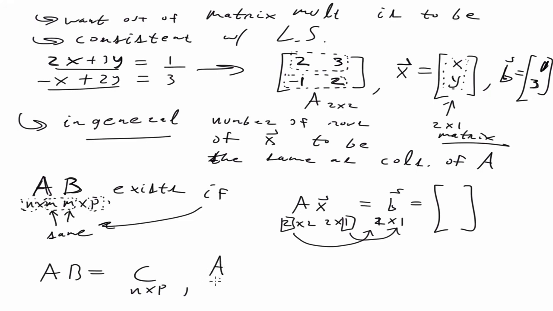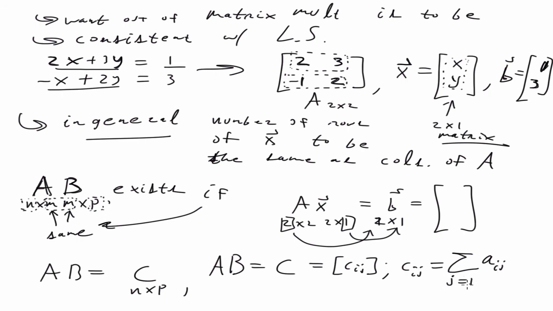So in general, if I have an A that's n by m, and then I have a B that's m by p, AB is going to be equal to C, which is going to be Cij, where Cij, and this is a pretty complicated thing to write, but it's actually going to be the sum across the columns of A. So it's going to be Aij, and we're going to sum across j equal to 1 all the way to m, and it's going to be Bjk.